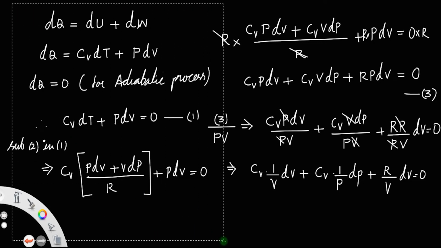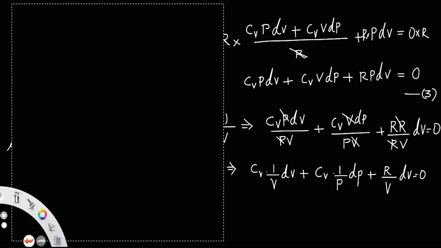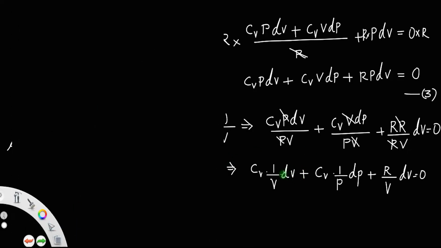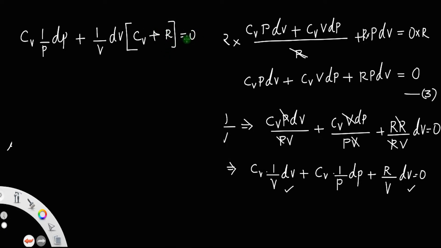Now you can assemble these dV terms. There is a dV in here, also there is dV. So let's first write Cv 1 by P dP plus, take 1 by V dV as common, times Cv plus R, equal to 0.